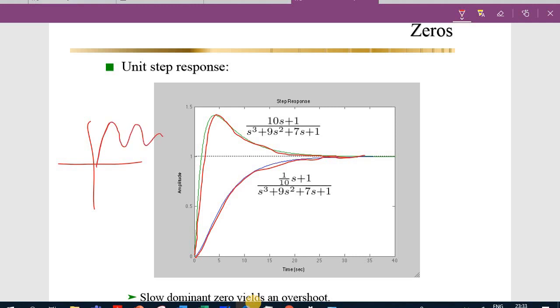That is different from this overshoot, which arises when we divide A by B, and there are still more oscillations there. Here there is just one peak, and then it decays. The reason it does not oscillate is that there are no complex roots. So the overshoot here is not because of oscillation, it's because of the zeros.